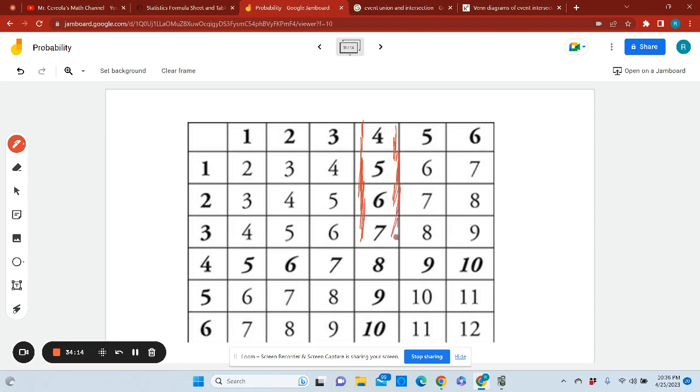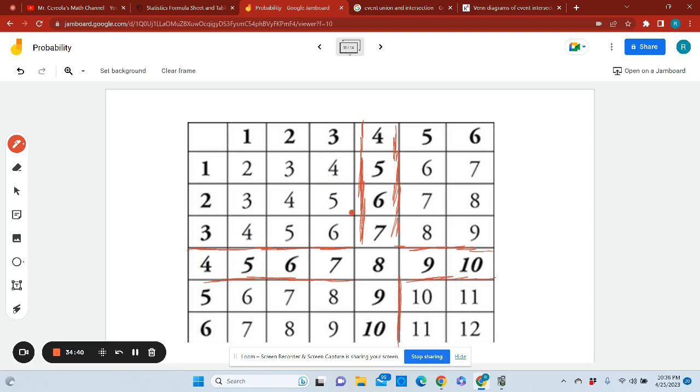And all the sums in here include this 4. But we also have to worry about the other die, which could also be a 4. So given that one of these is a 4, I'm outlining in red all the sums here that have one of these dice having a 4.